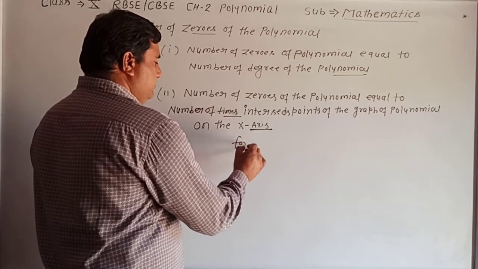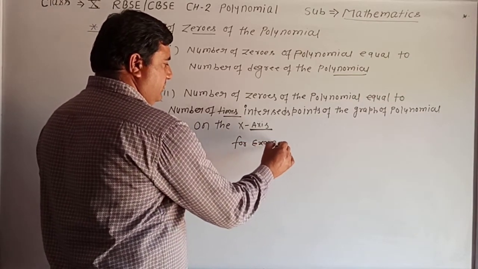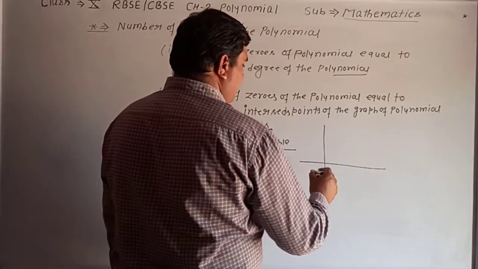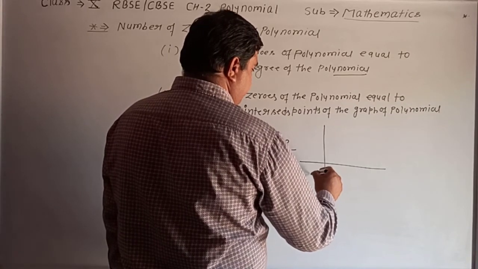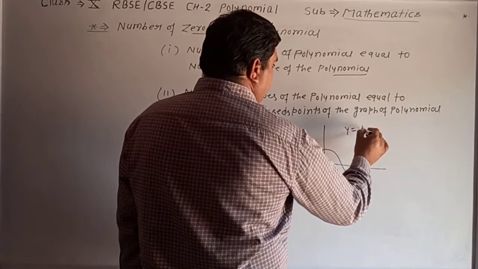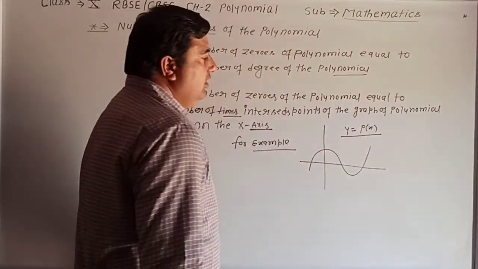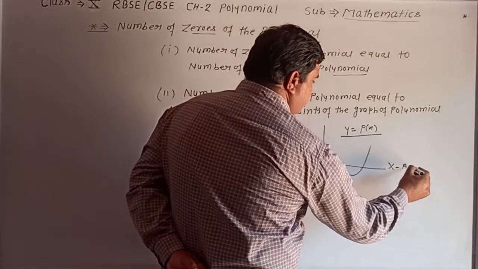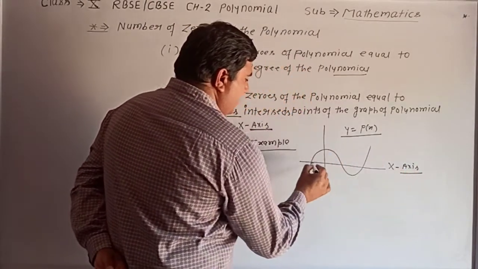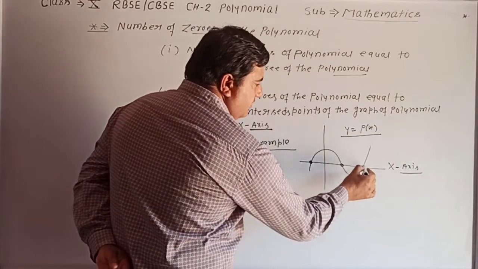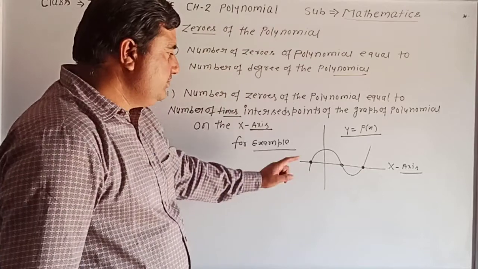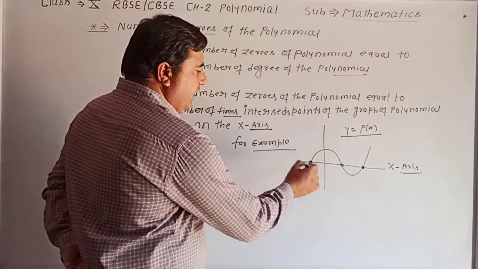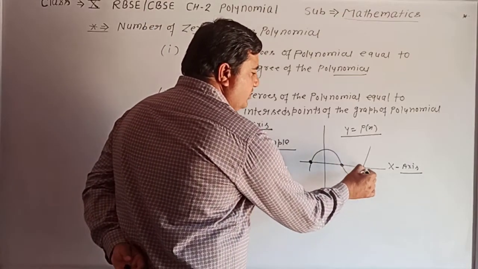For example, the graph of y equals to P(x). The graph of polynomial P(x) intersects the x-axis at 3 points. The graph intersects the x-axis 3 times, then the number of zeros is 3.